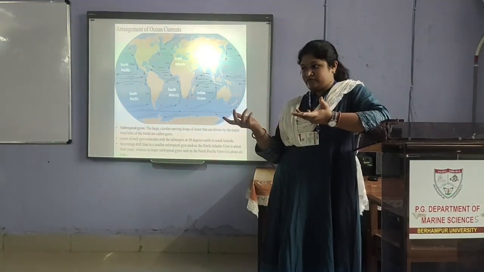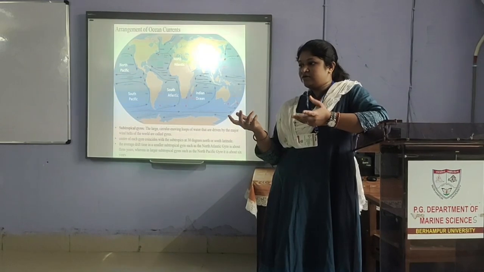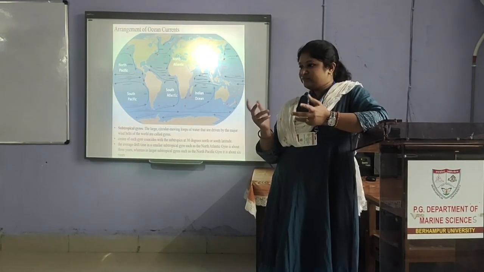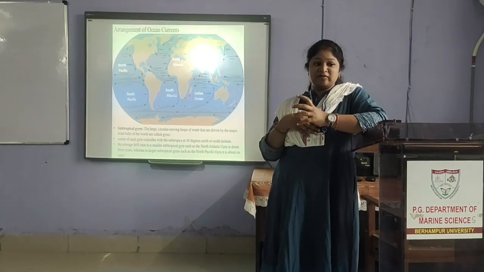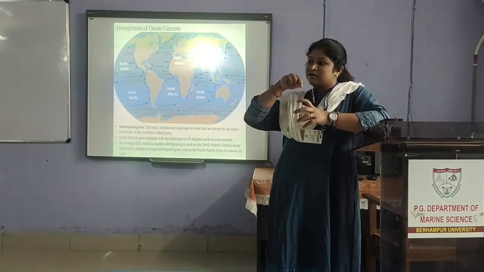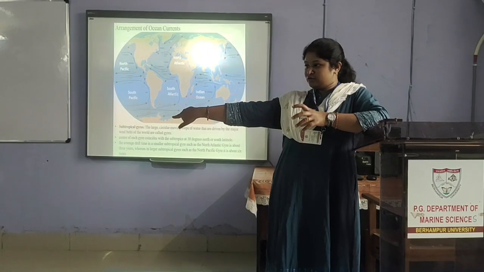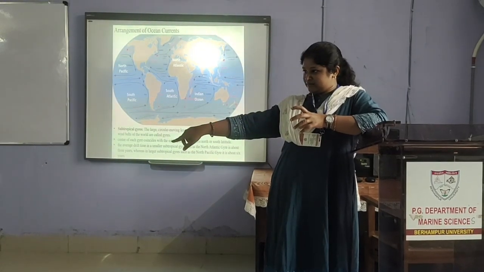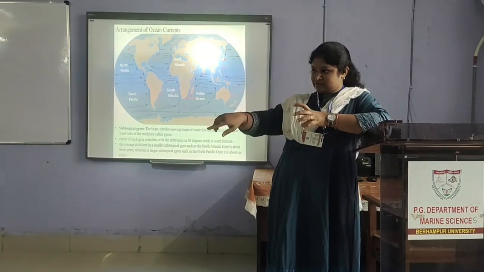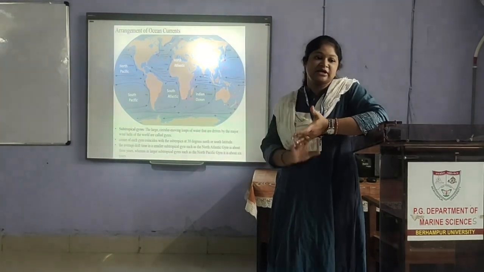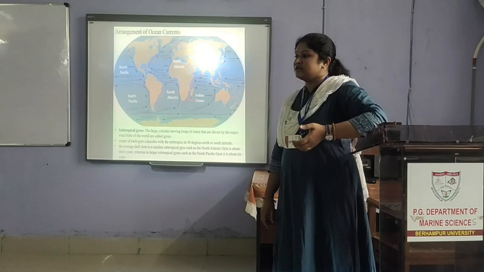So where do they move? If they can't go in the north or south direction, they will move under the ocean, or in the opposite direction. So it is called the equatorial counter current.